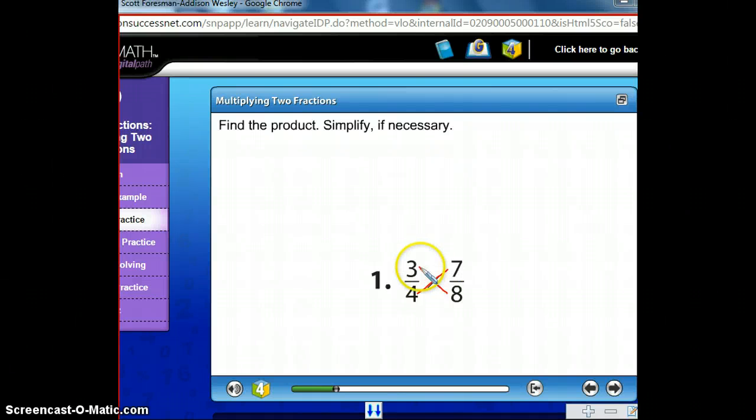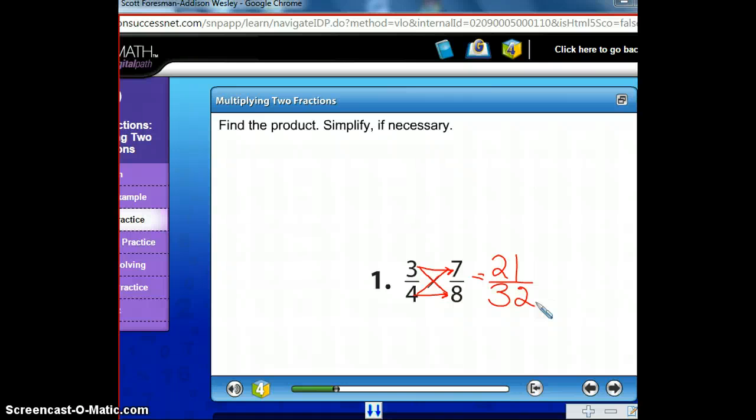So I'm ready to multiply. Remember, we multiply by just multiplying straight across. 3 times 7 is 21. 4 times 8 is 32. Is there anything that I can simplify 21 and 32 by? 21, 3 and 7.